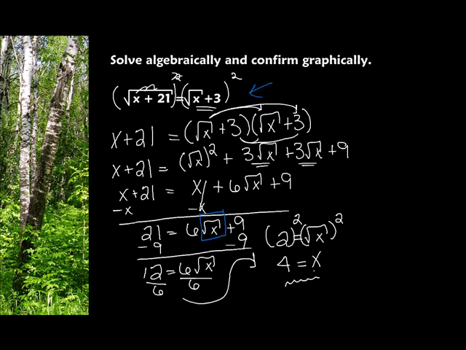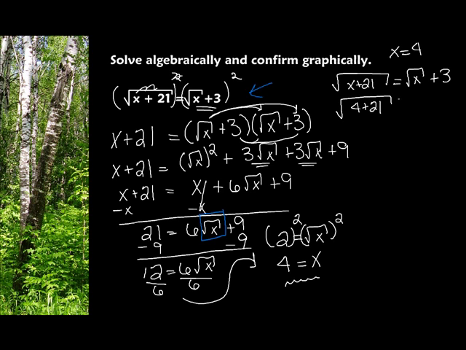But remember, we have to put it back into the original equation to make sure it really is a solution. So I'm going to write my original equation, the square root of x plus 21 equals the square root of x plus 3. Now I'm going to solve for x equals 4 to see if it works. So I'm going to have the square root of 4 plus 21.